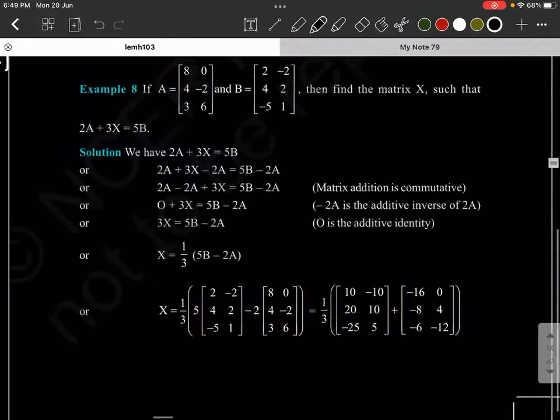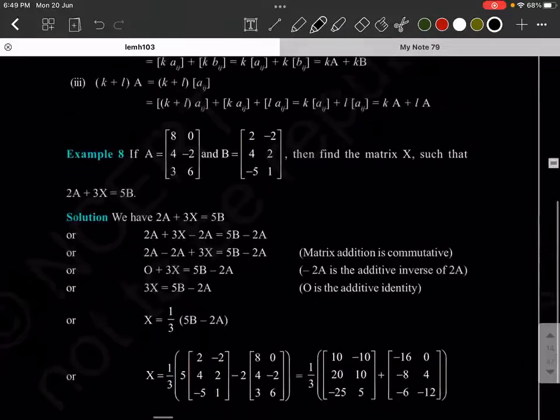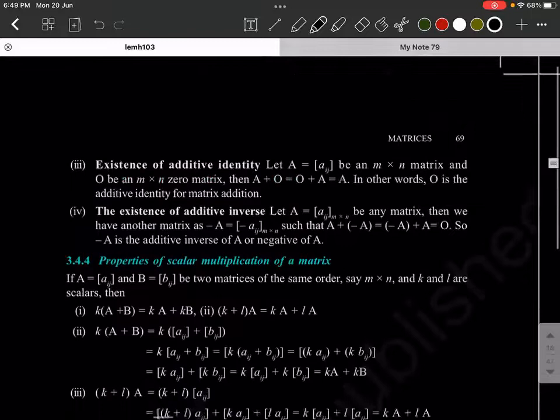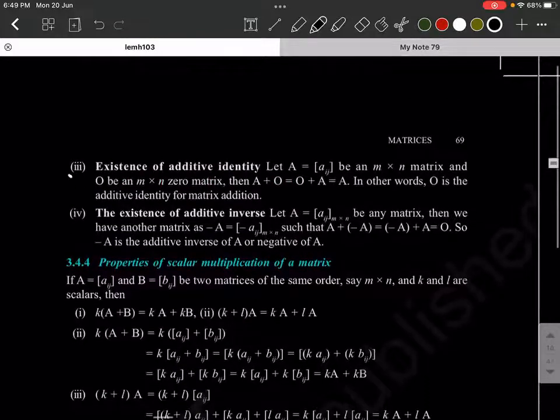Next is existence of additive identity. So what is it? Additive identity is different from additive inverse. I hope you know the difference. What is additive inverse? Negative of a given number is additive inverse. But what is additive identity?